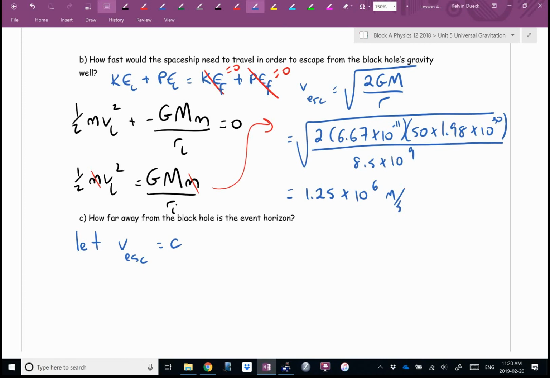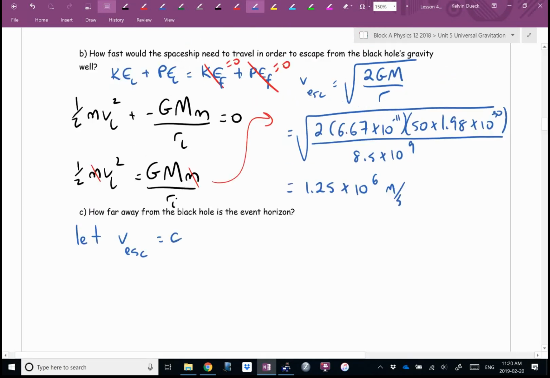Anywhere closer than that, nothing in the universe is getting out. Anywhere further than that, if you're 2 meters away from the event horizon, your escape velocity is probably 99.999999999% of the speed of light, so you're still probably out of luck. But this is where, if you were observing a black hole, you would see a ring of weirdness and stuff swirling around and spiraling around. So let's find this.